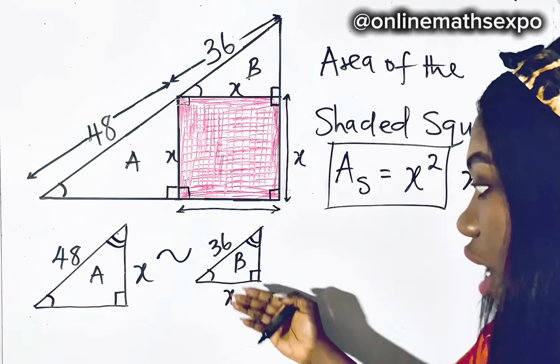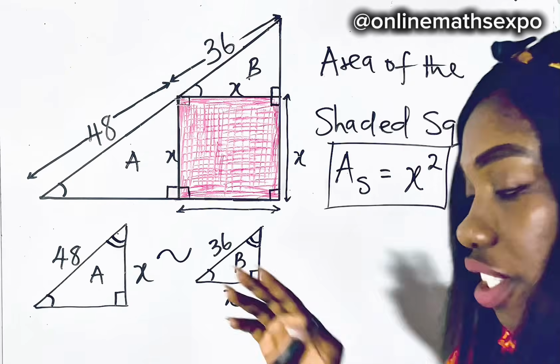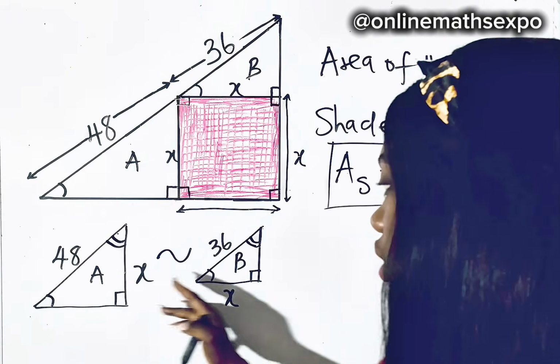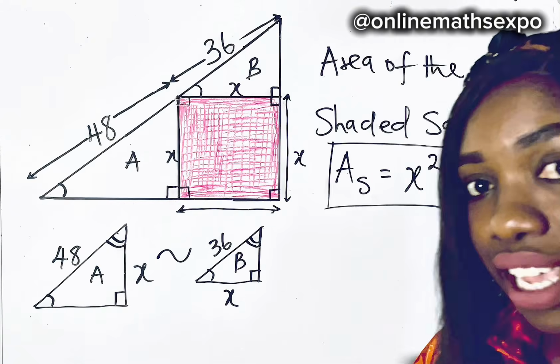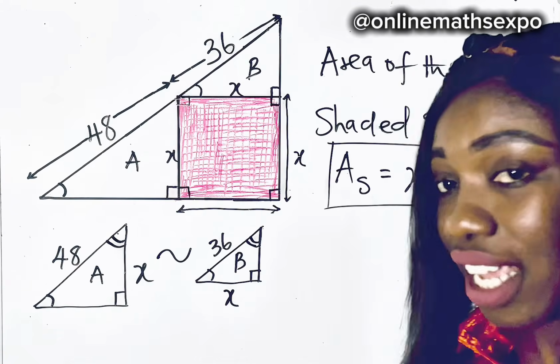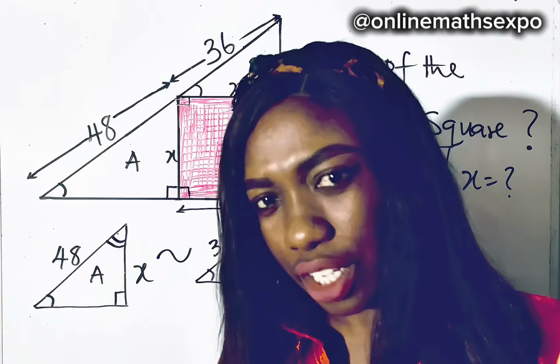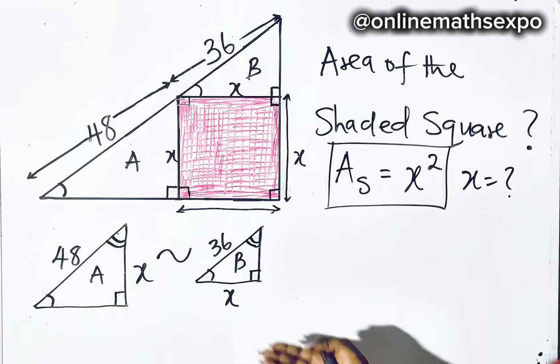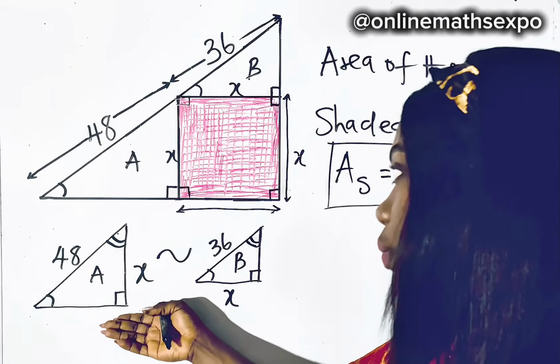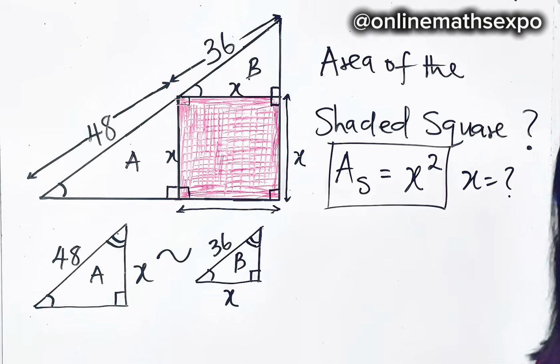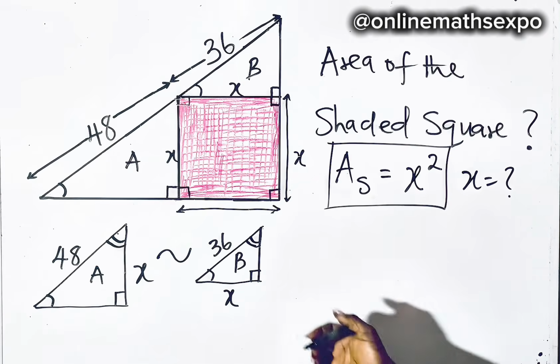And if they are similar, for a similar triangle, the corresponding angles are always equal, and the corresponding sides are also proportional. If this is true, we are going to apply the concept of similar triangles here to help us find the value of X. Now let's do that together.